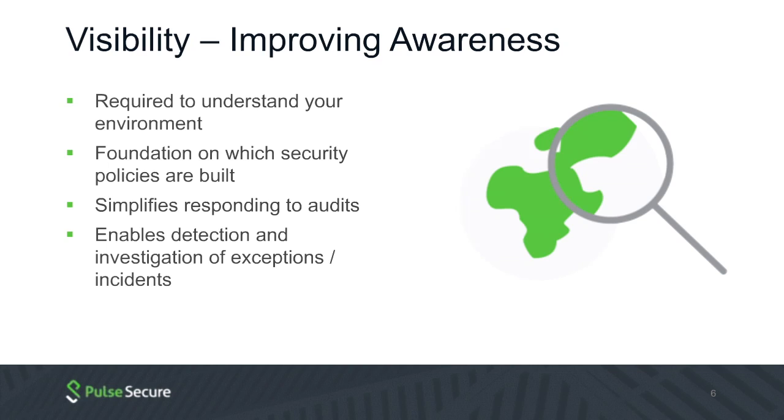And visibility also enables deeper investigation into traffic flows and user behavior, so that if there are incidents or anomalous traffic, instead of only understanding, well, this IP address sent this packet, now you can say this traffic originated from this device, which was operated by this user, and the device at the time was compliant with the health checks, so this is either a zero-day problem or possibly a behavioral issue. So visibility is really a key feature of any network security deployment.